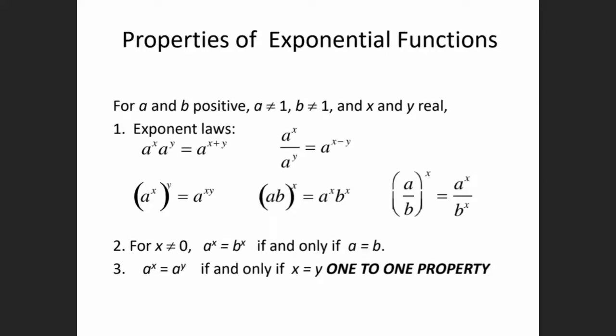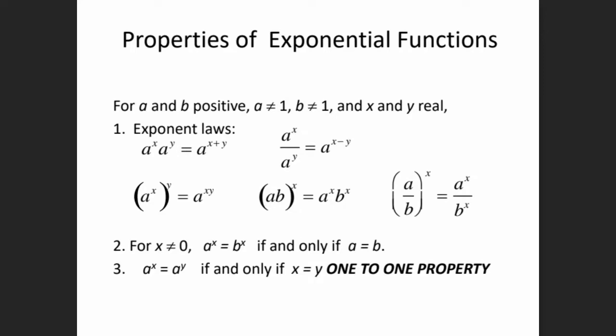For instance, if I had a times a, each would have an exponent of 1, so 1 plus 1 would be 2, a squared. Inversely, if I have two exponential expressions being divided that have the same base, I will subtract the exponents. So if I had a squared divided by a, I would subtract 2 minus 1, which gives me 1, a to the 1 power, as examples.